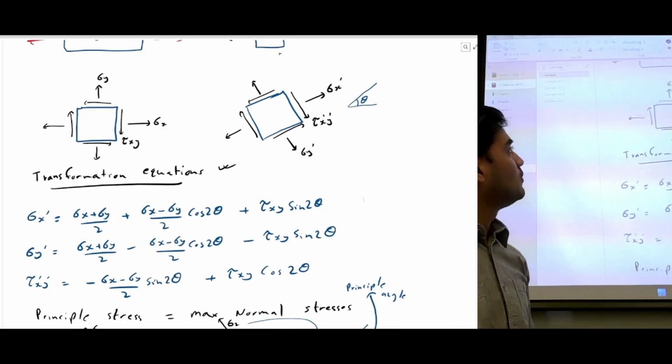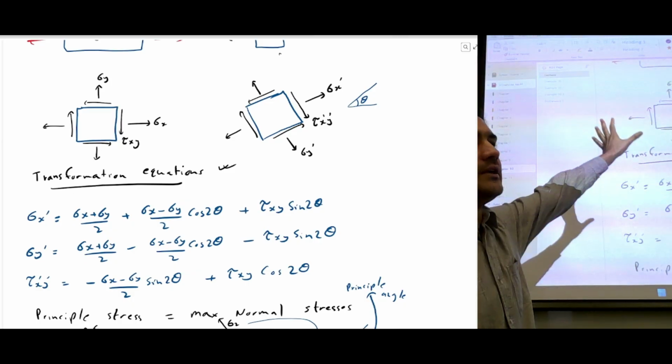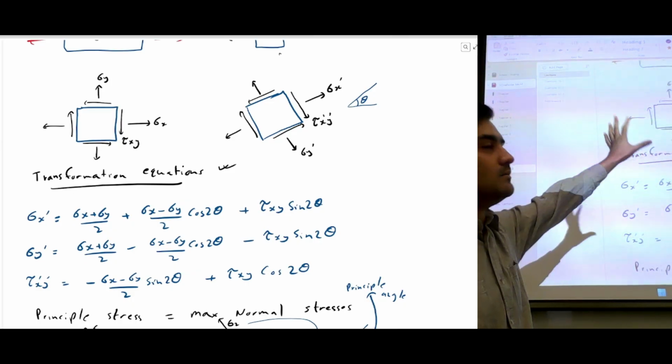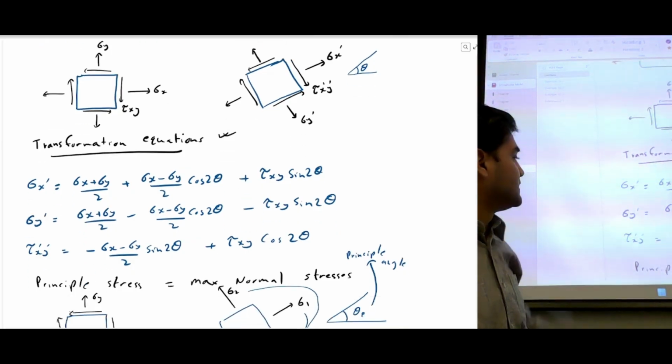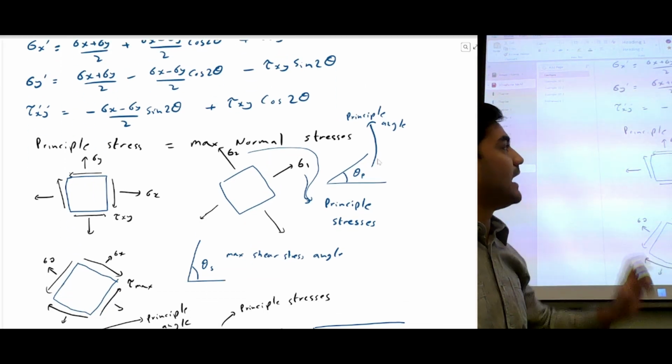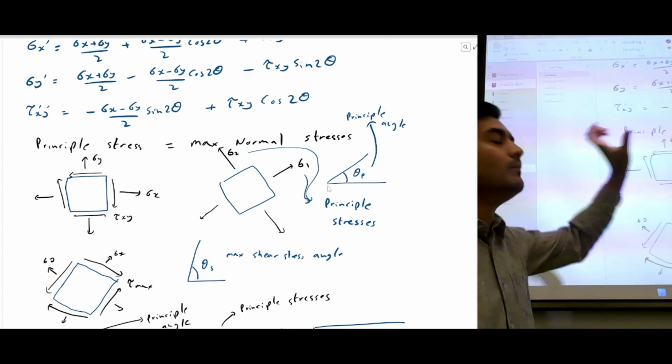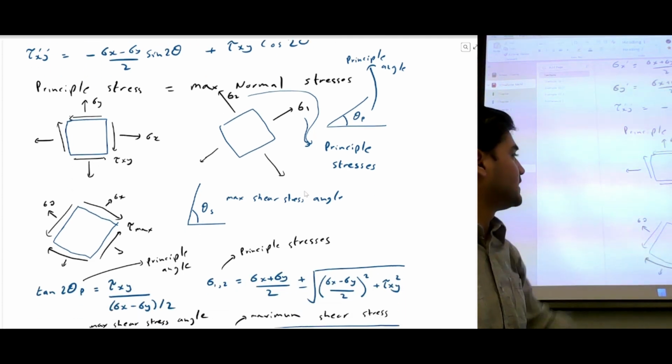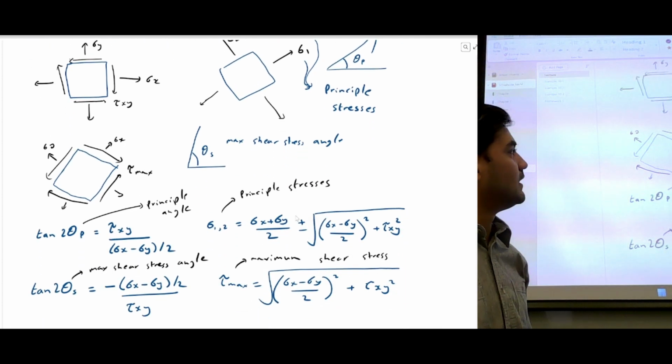We also want to know at which particular angle we'll get the maximum normal stresses, which are called the principal stresses. We can calculate these maximum normal stresses and the angle which this stress element will be making at those maximum normal stresses, using the principal stresses equation, and we can also calculate the angle using the principal angle.